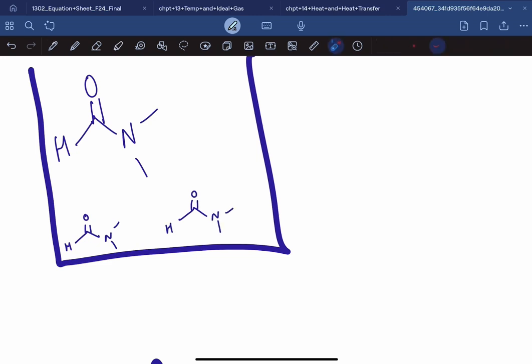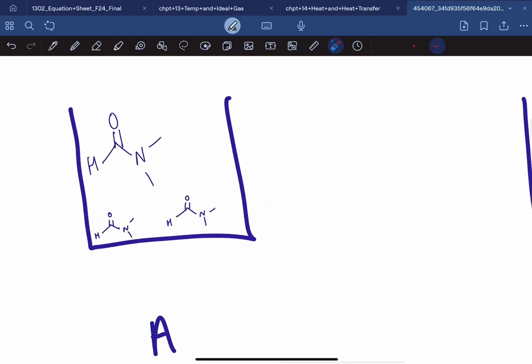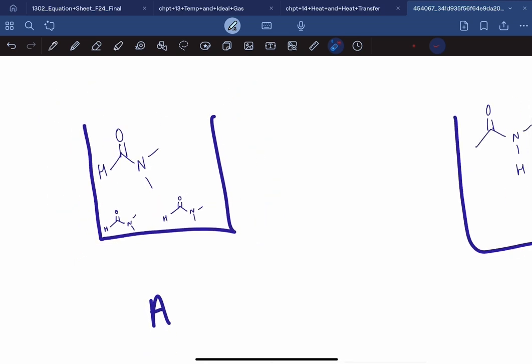The only issue is, since this hydrogen is not bonded to F, O, or N, and there's no F here, so we can eliminate that. But since it's not bonded to F, O, or N, there's no hydrogen bonding going on here. That's not happening. So these are kind of just sitting there, interacting through dipole-dipole, or van der Waals, but it's not important. There's no hydrogen bonding, London dispersion, blah, blah, blah.